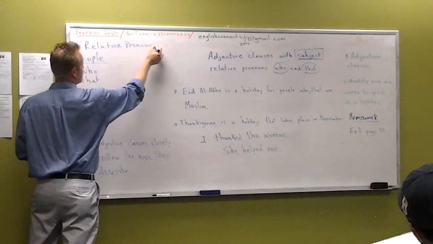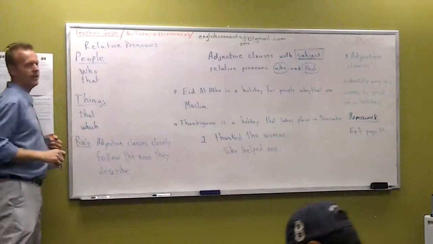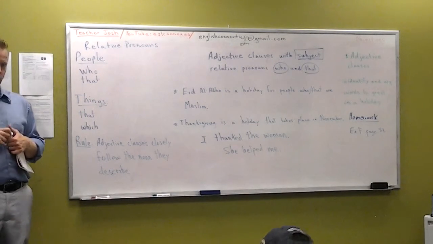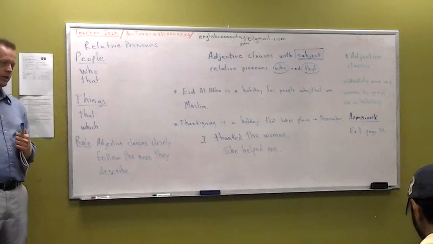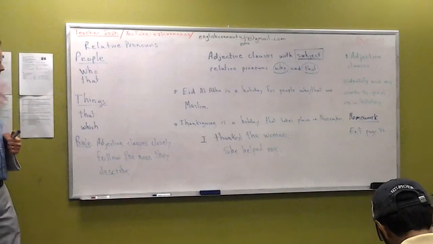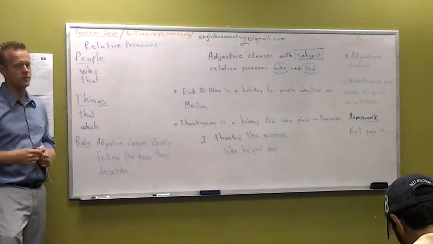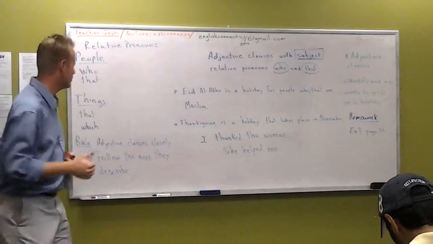These words are always used to start off an adjective clause. That's also good news. Because once you know what it does, and you know where it goes, it's easy to spot them. They always start with a certain word, and they're called relative pronouns.